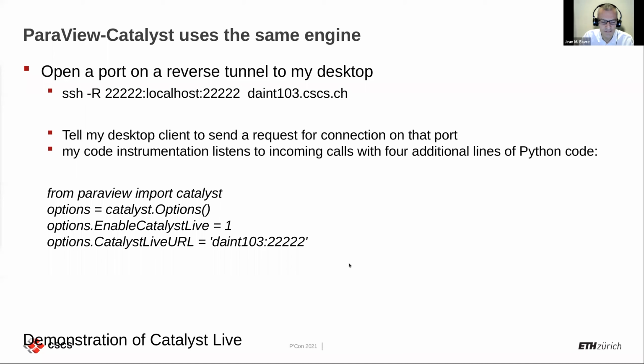All right, so we've seen how Catalyst Live can now interact with a running simulation by interrupting the simulation, making any object from the pipeline visible on the desktop side, and giving us the ability to add additional visualization components to the live data.